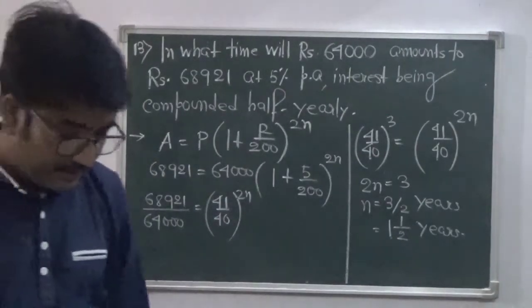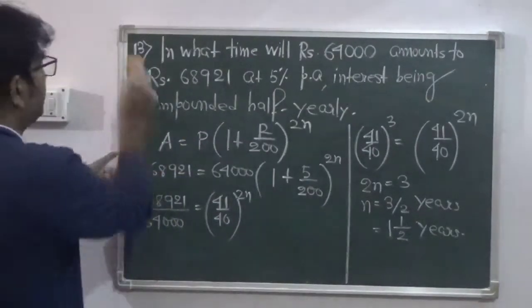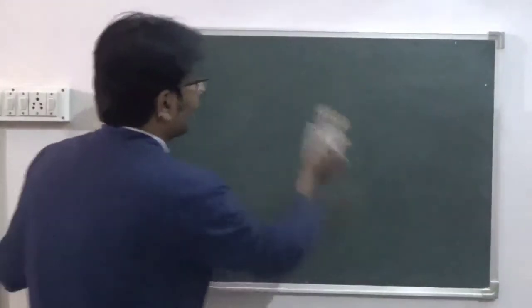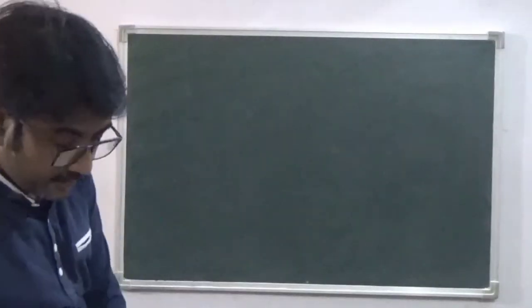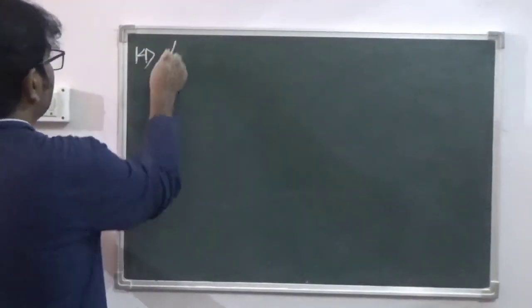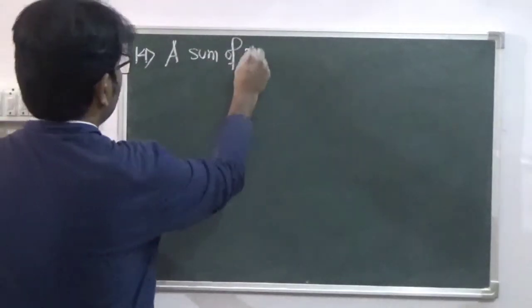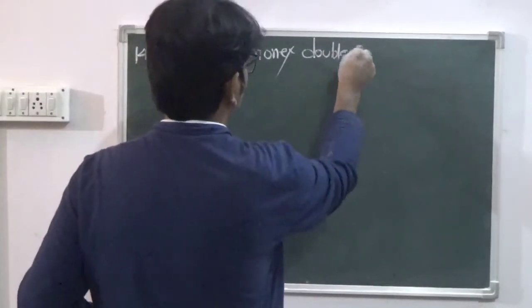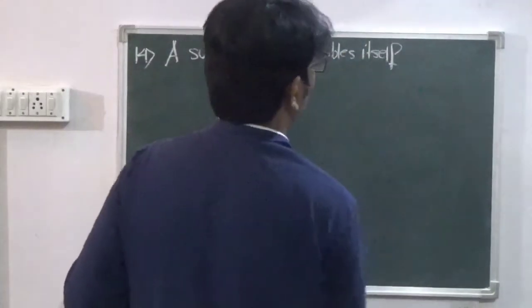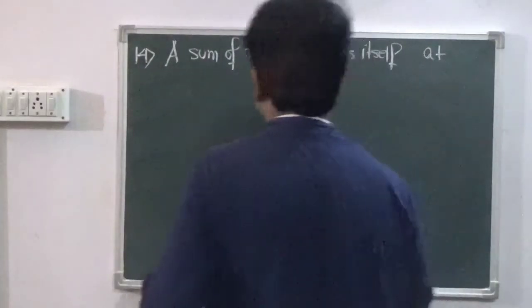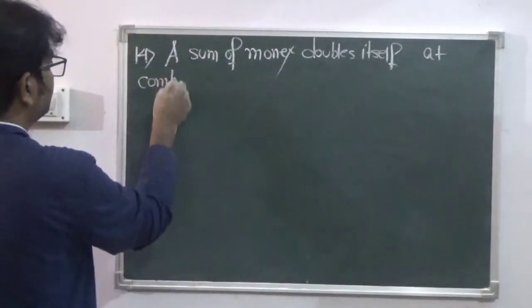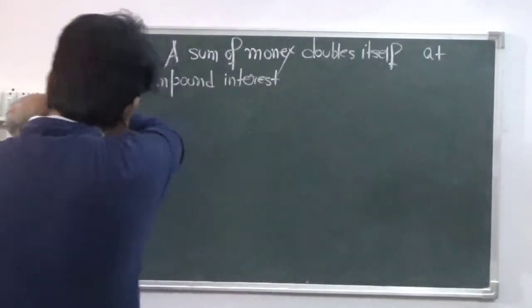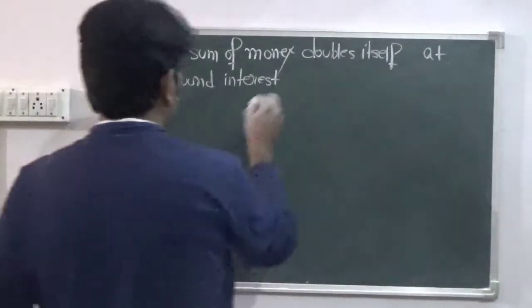So now we move on to question number 14. A sum of money doubles itself at compound interest in 15 years.